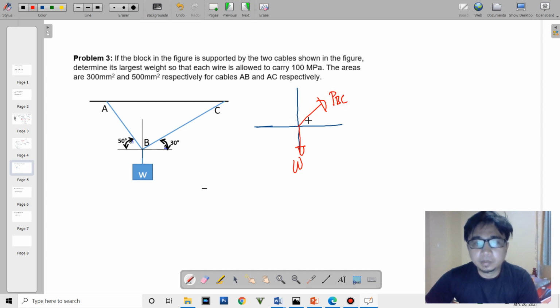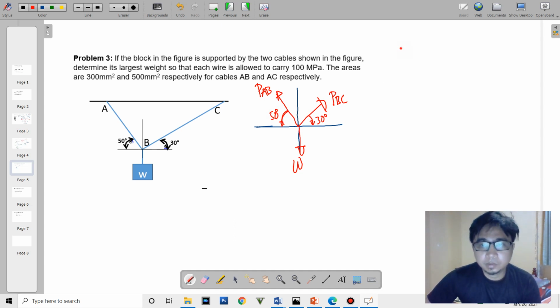PBC inclined at 30 degrees, and then this is PAB inclined at 50 degrees, and then see the given, applying this formula P over A. For AB we have 100 megapascal.